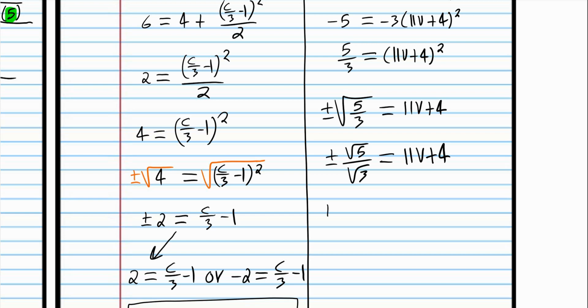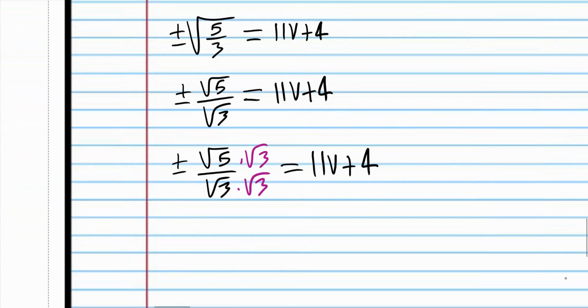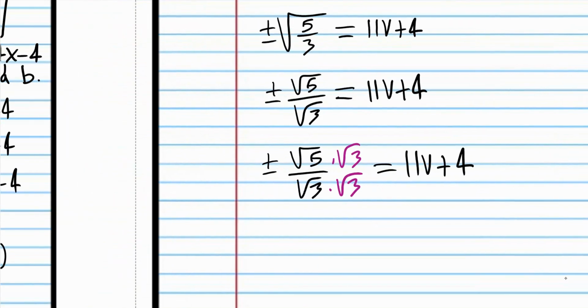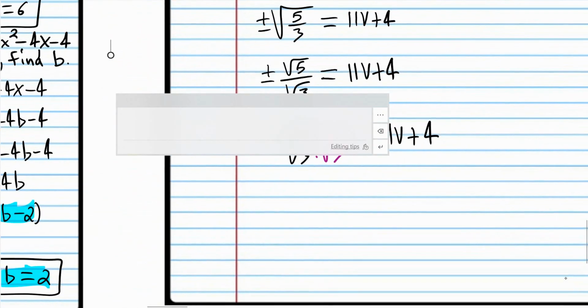And then what we do is we multiply both sides of the fraction by root 3 to rationalize the denominator. So I'm going to move to a different part of the paper so we have more room.